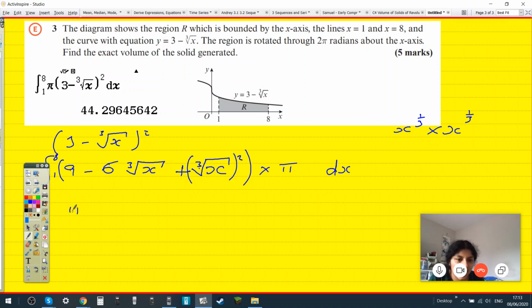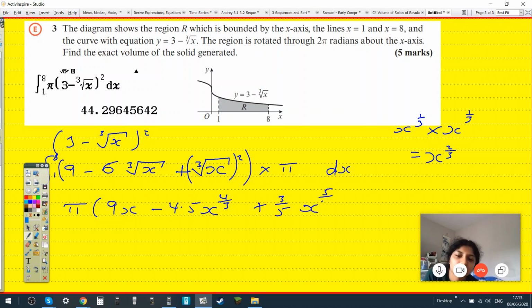So then you'd have 9x minus 4.5x to the power of 4/3, and then plus 3/5 x to the power of 5/3.